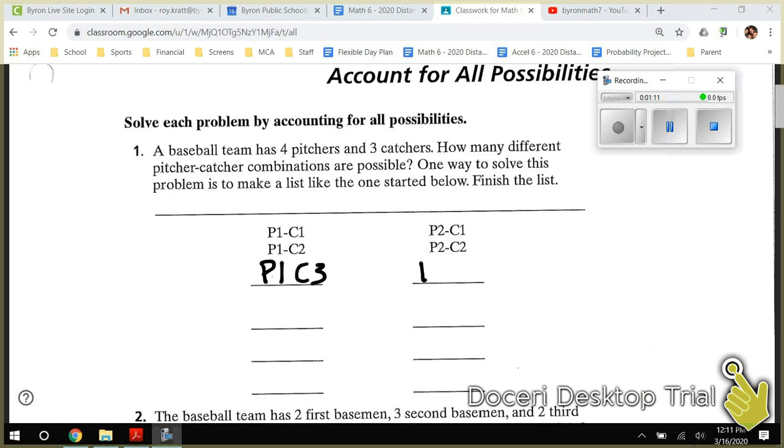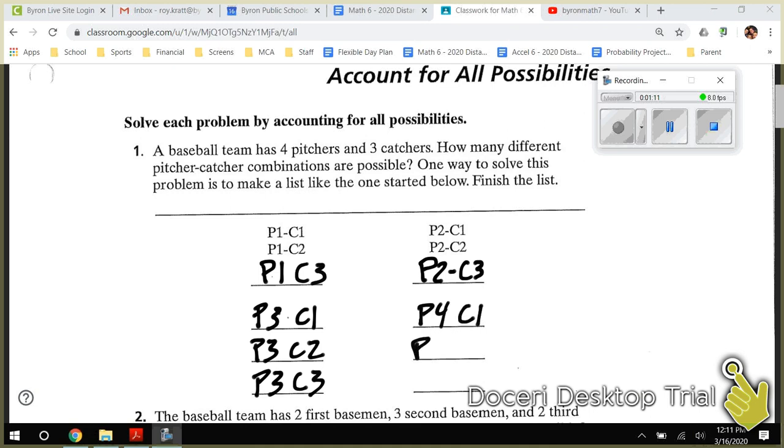So over here we have pitcher two and catcher three. And then we're going to do pitcher three, catcher one, pitcher three, catcher two, pitcher three, catcher three, pitcher four, catcher one, pitcher four, catcher two, pitcher four, catcher three.